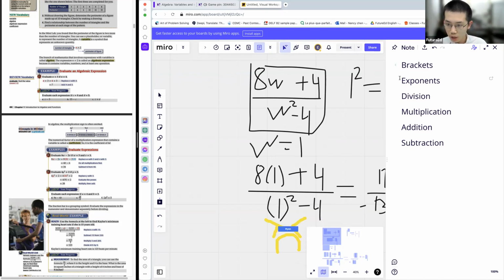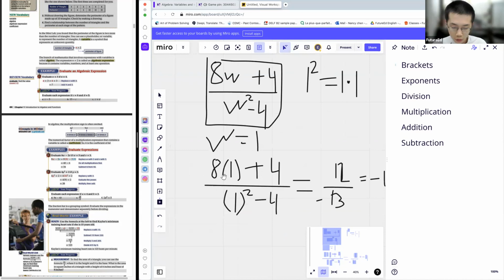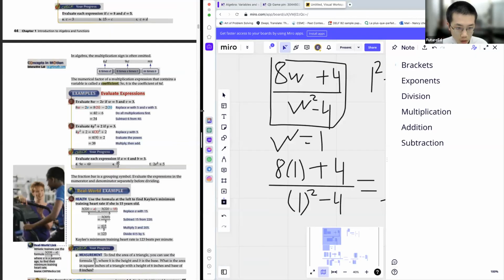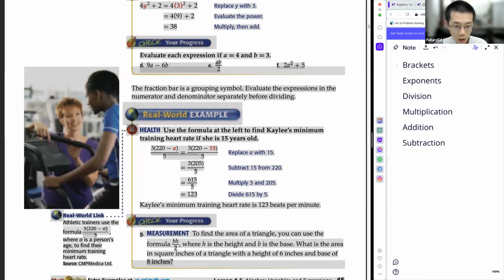We're supposed to do exponents, division, multiplication first. But after we substituted in, we just did the addition on the top, and then the subtraction on the bottom, and we did the division last. The reason the division is done last, if you remember, in the textbook over here, I'm having a bit of trouble here.